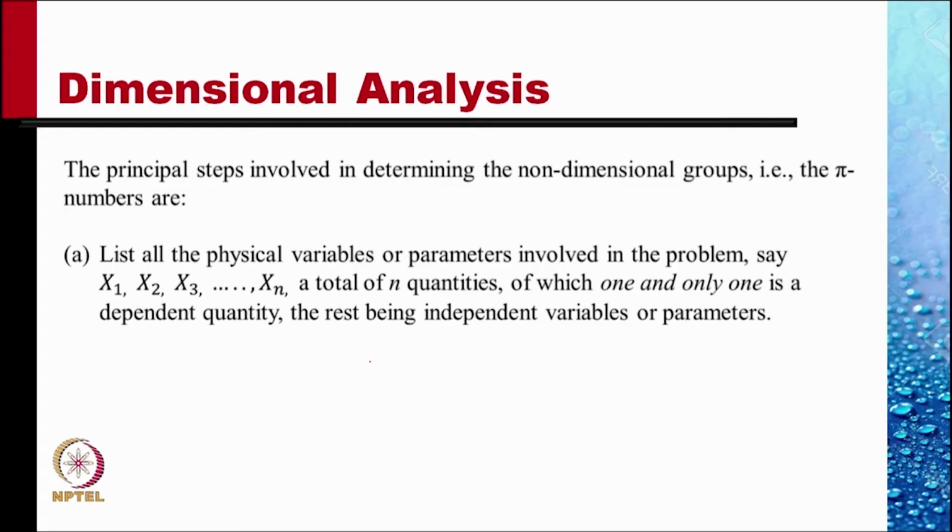The principal steps involved in determining the non-dimensional groups, which are the pi numbers that we've introduced earlier, are: list all the physical variables or parameters involved in the problem, say x1, x2, xn, a total of n quantities, of which one and only one is a dependent variable or a dependent parameter, the rest being independent variables or parameters.